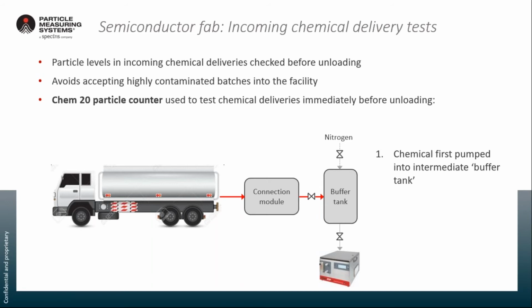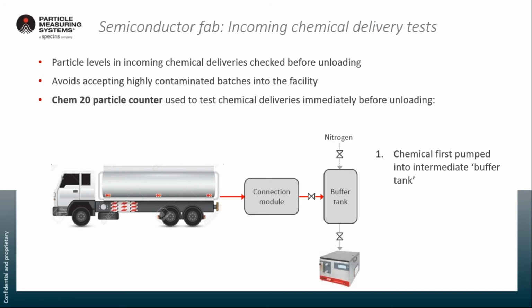So the example here shows the Chem 20 being used to test chemical deliveries immediately before unloading into the semiconductor fab. And first of all, the chemical is pumped out of the tanker through the connection module into an intermediate buffer tank.